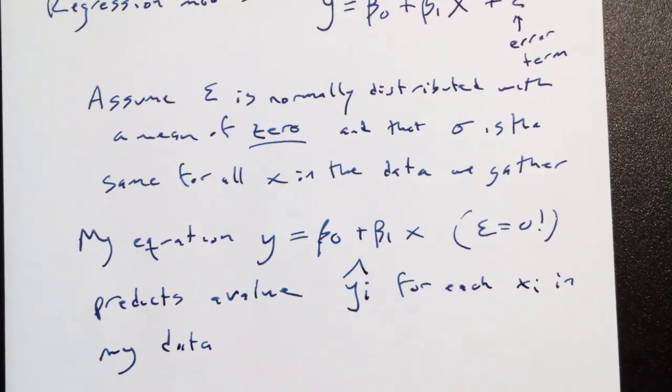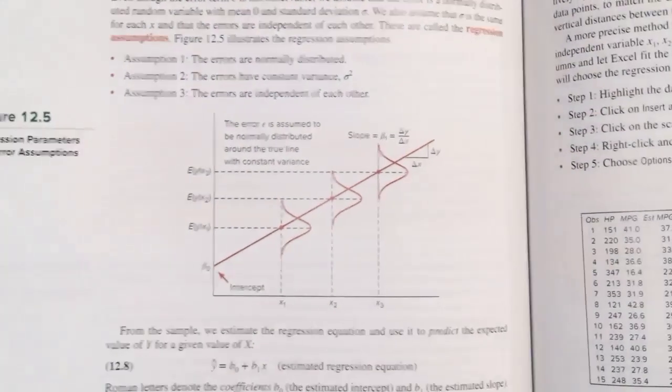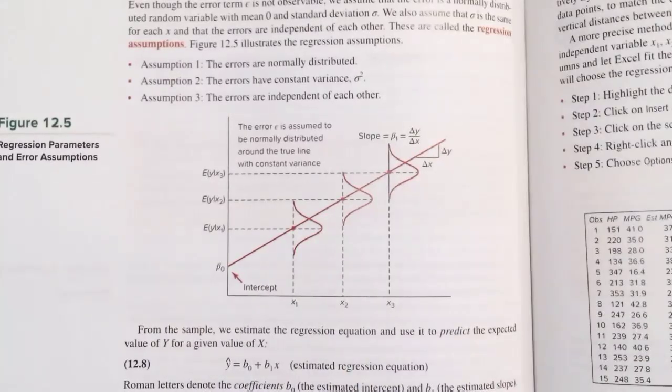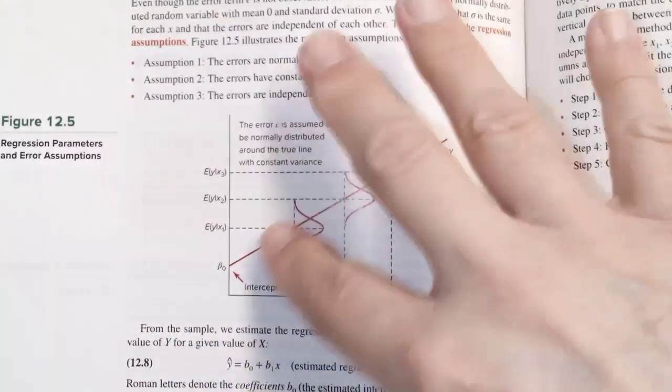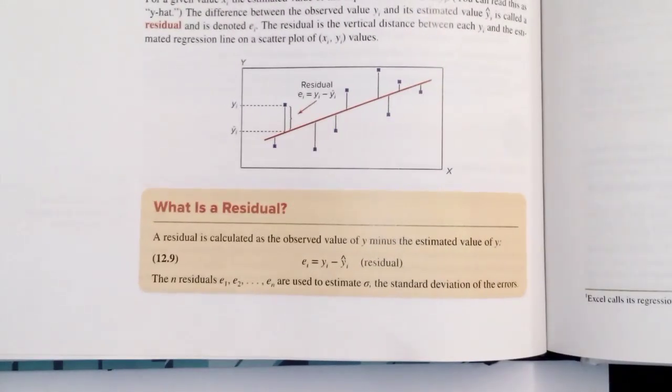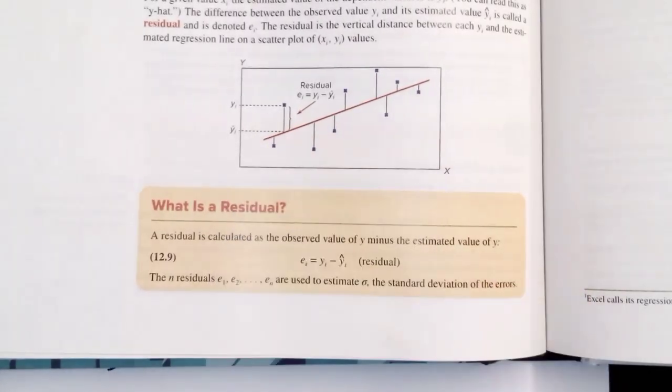Let me show you a graph. It's easier if I look at a graph. Here's my linear equation model. You'll notice that there's a dot for each value and there's this little normal curve next to each one. I'm assuming that the center of that is 0 and that the variation is the same across all of these. I take the x values, I plug them in, I get a dot on the line.